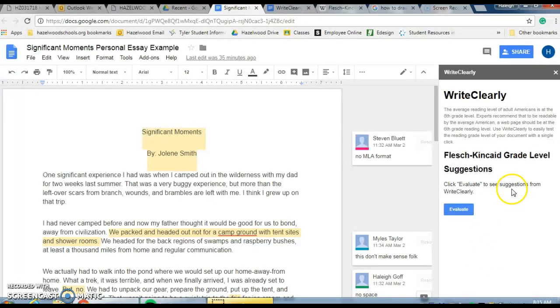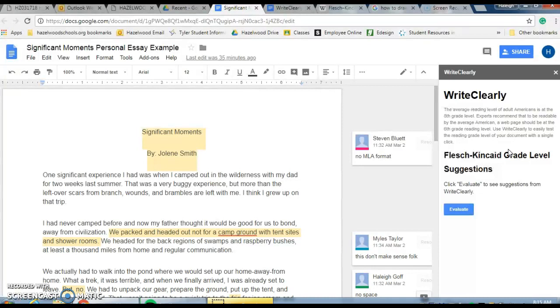Take those with a grain of salt, because typically this WriteClearly and this grade level Flesch-Kincaid scale is used to see what readability level a website is on for people who create websites, because generally with the general public you want those websites to be at a readability level of about 6th grade.